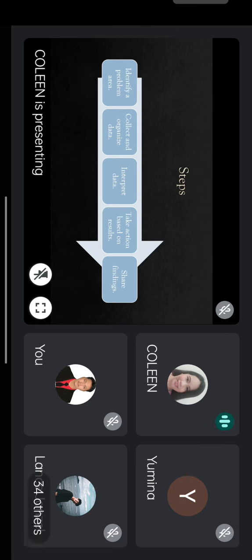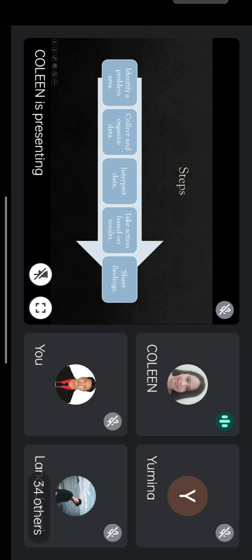What will you do? What action can you recommend? Okay, what recommendation can you express? Then if you already have the complete data, you share the data to the management or your target beneficiaries. So those are the steps.